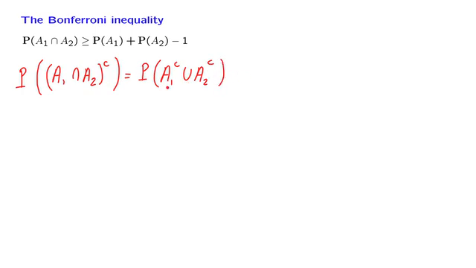And next we will use the union bound to write this probability as being less than or equal to the sum of the probabilities of the two events whose union we are taking. Now we're getting close, except that here we have complements all over, whereas up here we do not have any complements. What can we do? Well, the probability of a complement of an event is the same as 1 minus the probability of that event.